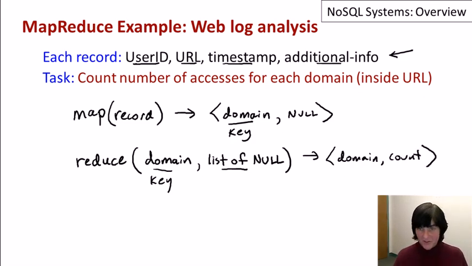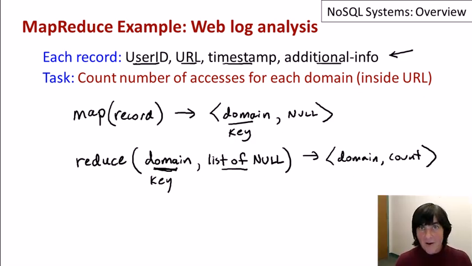And believe it or not, we've solved our problem with just a little bit of code, just the code to find the domain inside the URL from our record, and then this simple code to count up the number of nulls. The system will take care of shipping the records to the right nodes to perform the tasks in parallel, and then reshipping them so all of the records for all of the outputs for a particular domain are in the same place and can be counted.